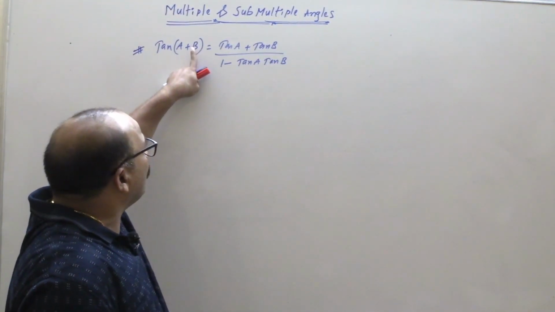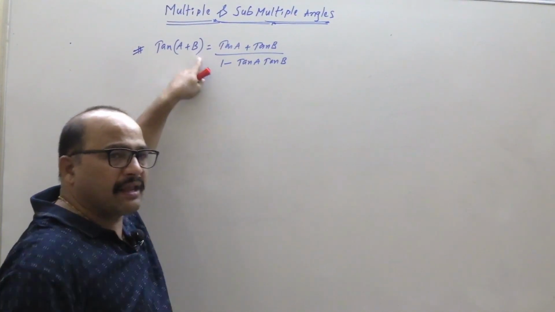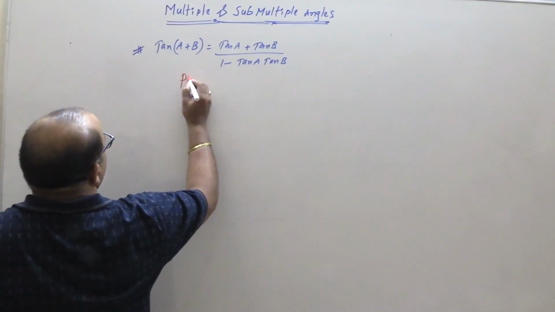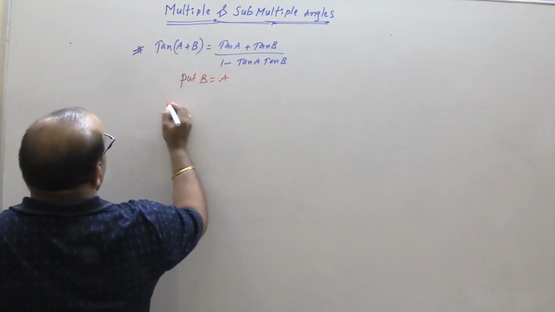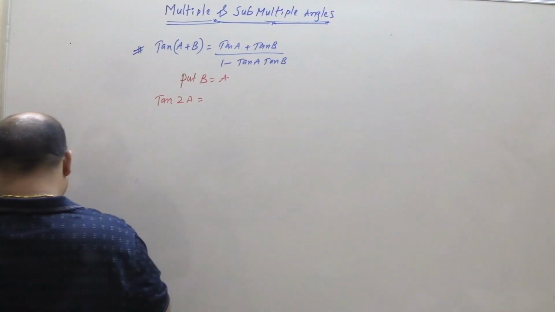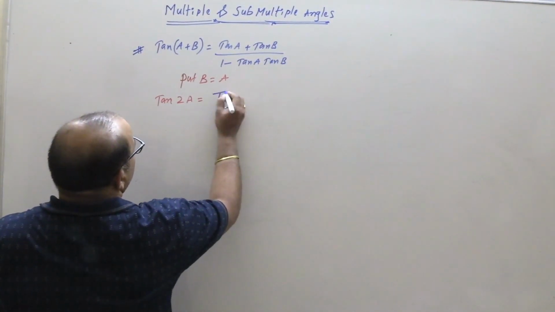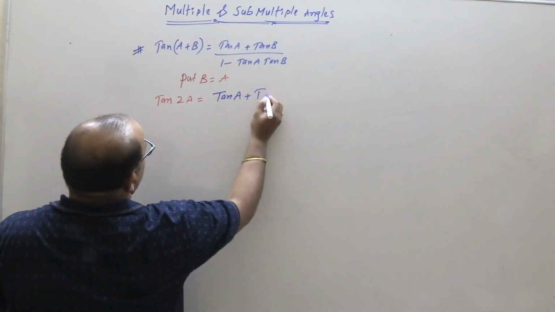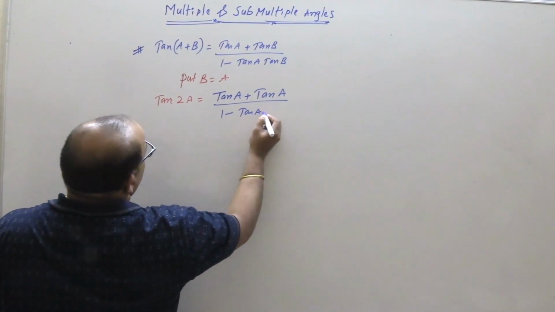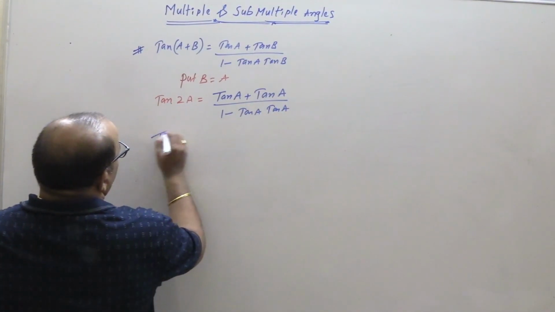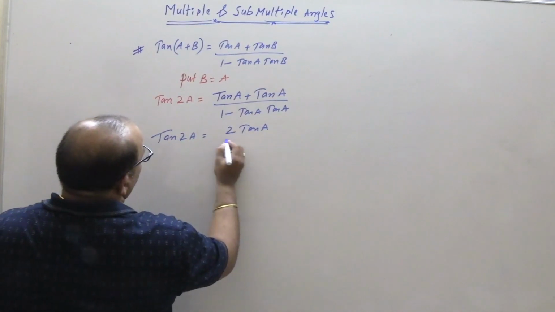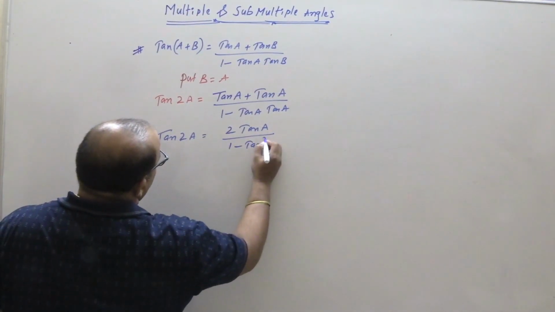In the place of B, I am going to write A. Put B equal to A. Tan of A plus A, that is 2A. So tan A plus tan A upon 1 minus tan A into tan A. Tan 2A is tan A plus tan A, 2 tan A, by 1 minus tan square A.